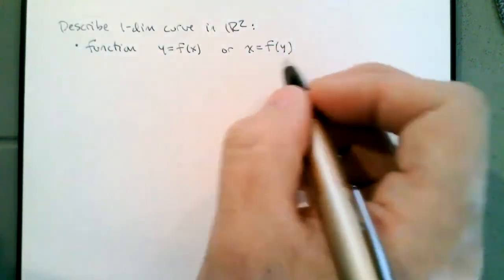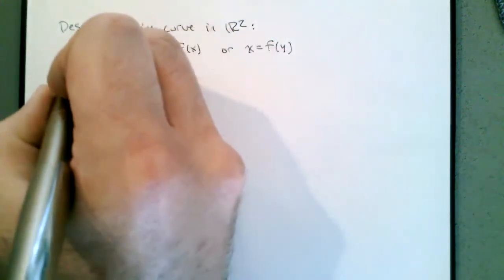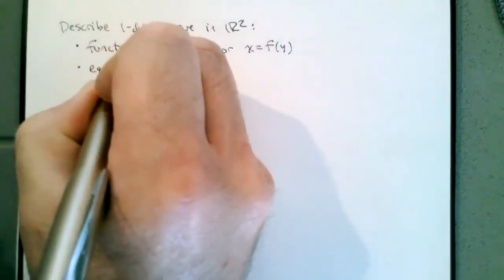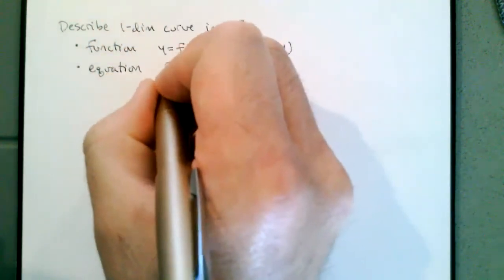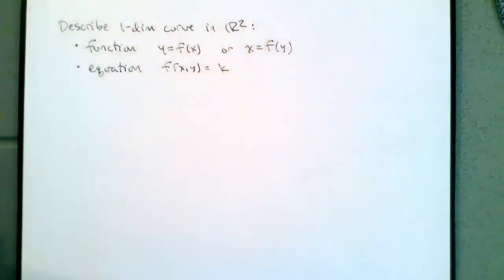We should probably do this more often leading up to calculus, but all we have to do is turn things 90 degrees. So maybe we don't. Or with an equation, like we just did, x squared plus y squared equals 9. Maybe this equation can be turned into a function, maybe it can't. Maybe that's why we need the equation.